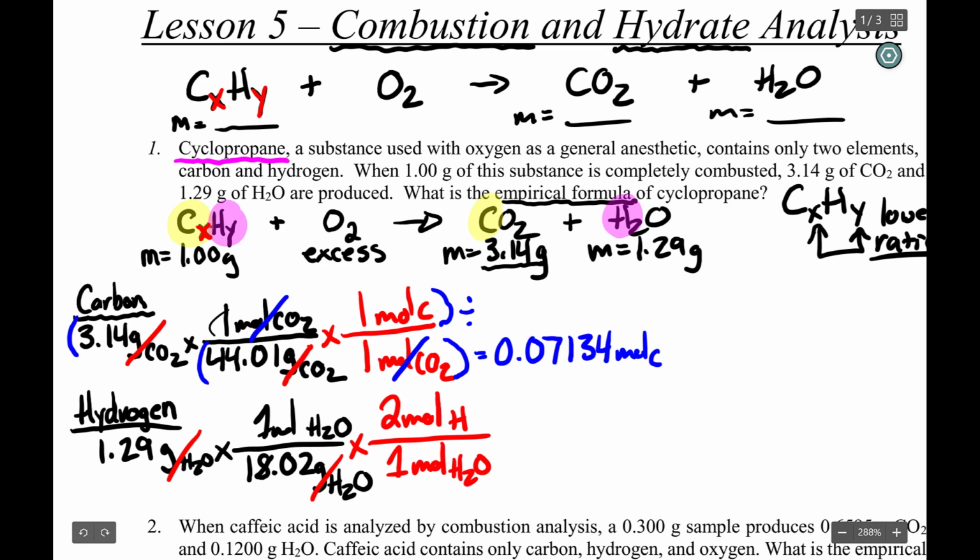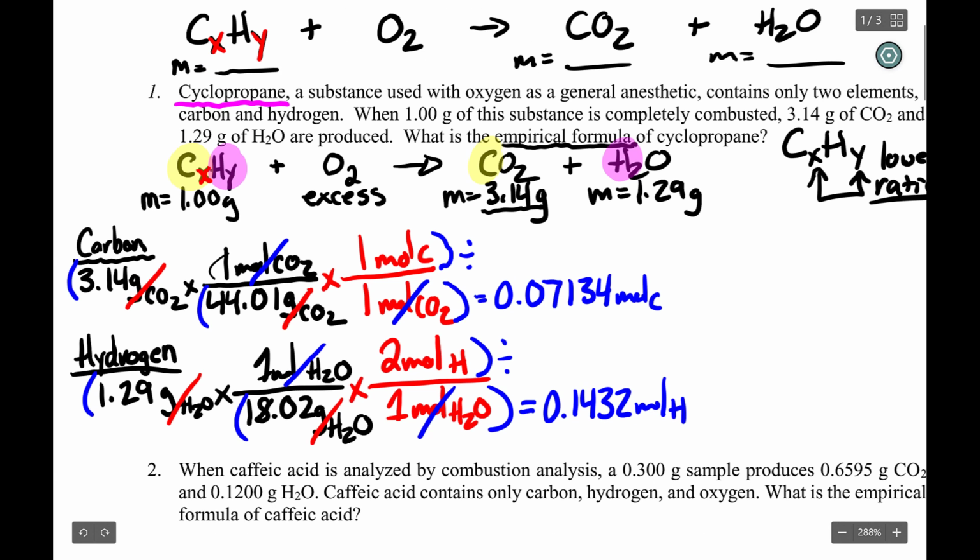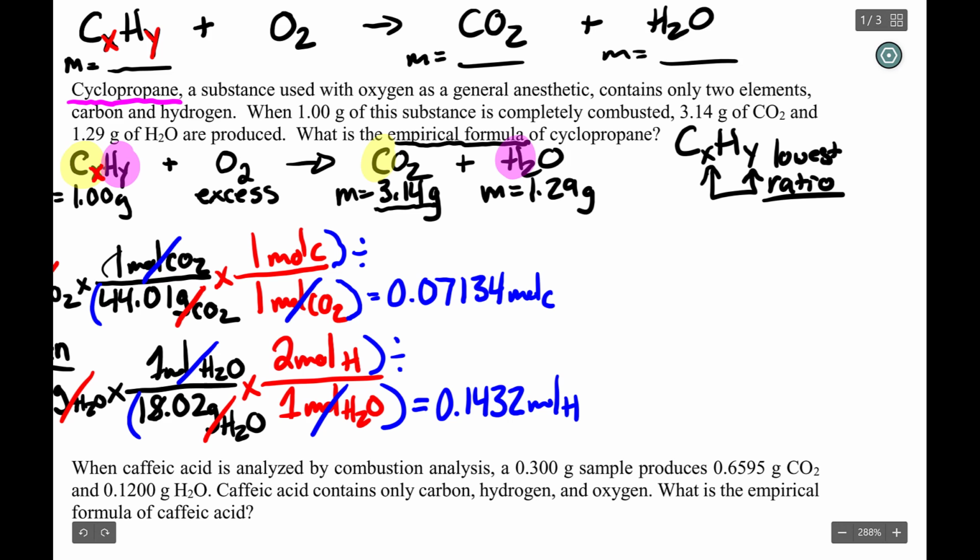So the moles of water cancel out, and I'm left with moles of hydrogen. Now if I take everything on top, hit divide, everything on the bottom, hit equals, I get a value of 0.1432 moles of hydrogen.